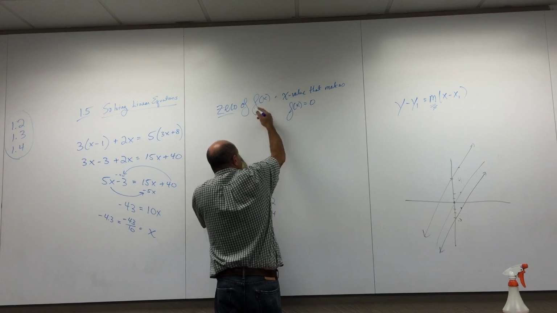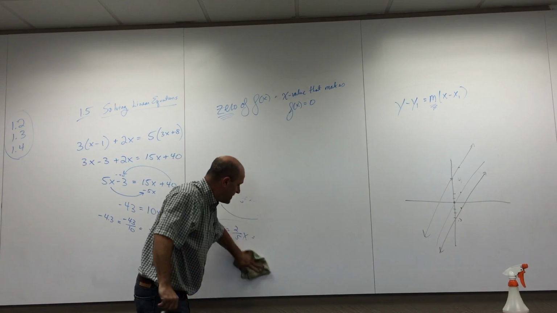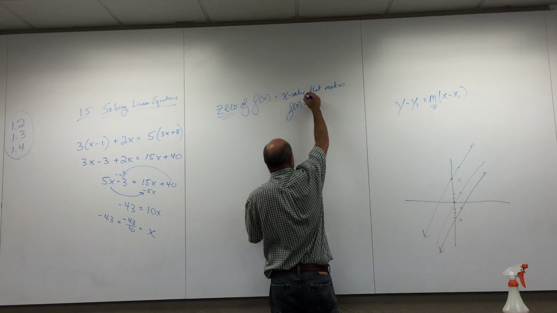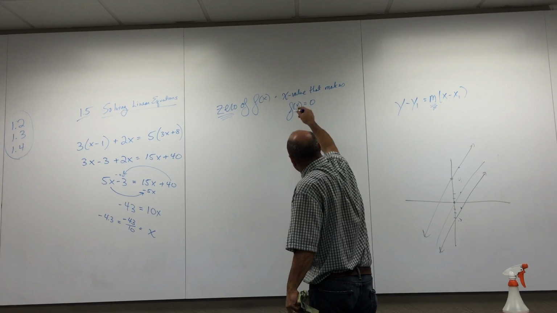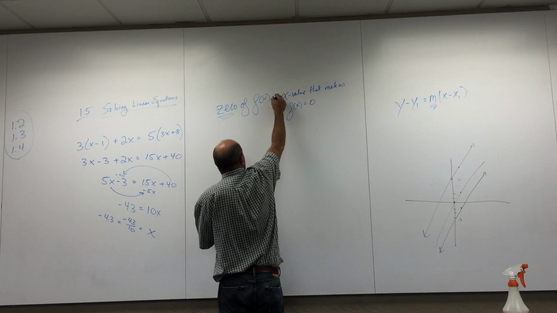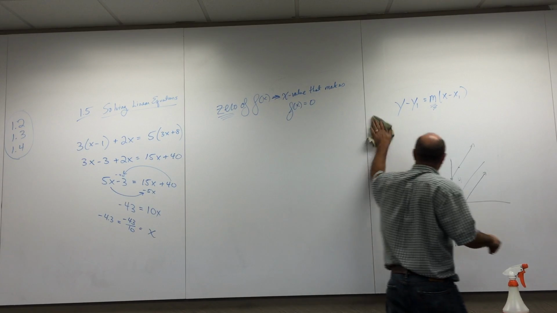But we're using this function notation, and I'm using this new word called the zero of a function. I wonder if you can read what I just wrote on the board and put this in other words for me. I'm saying it's the x value that makes the function equal to 0. That's what a zero of a function is.